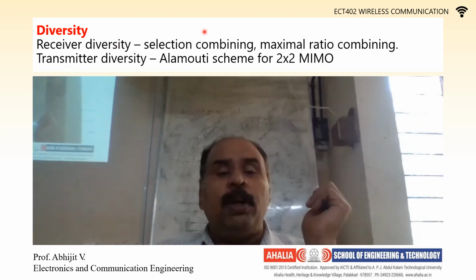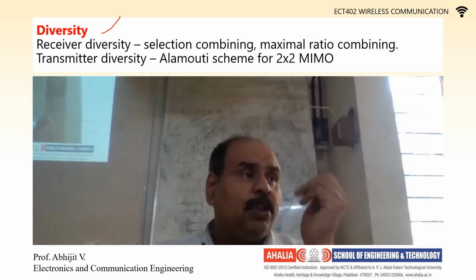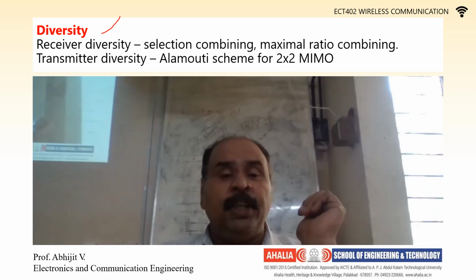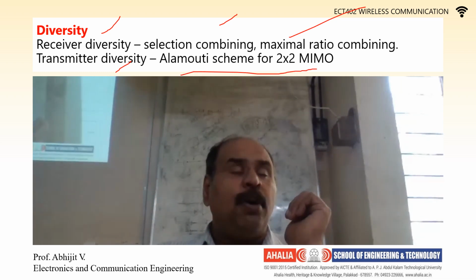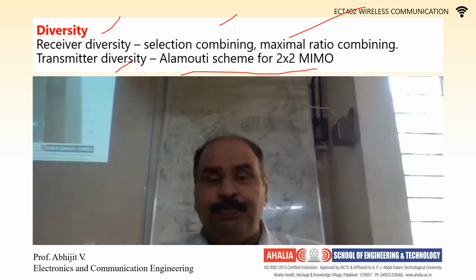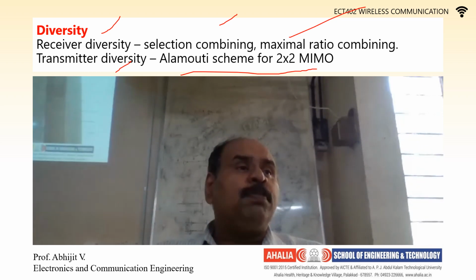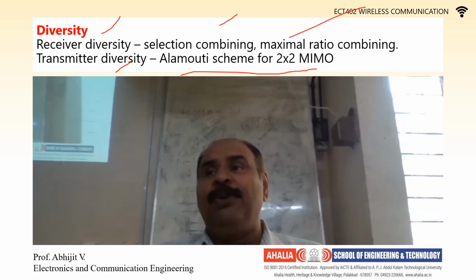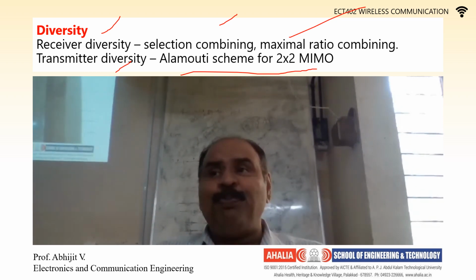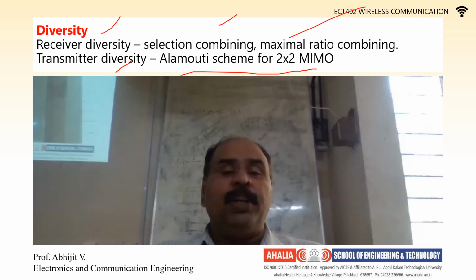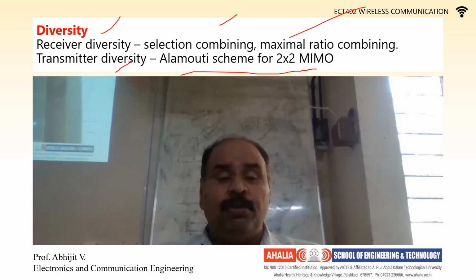You are going to study why we need to have receiver diversity, or what is meant by receiver diversity, selection combining, maximal ratio combining, transmitter diversity, Alamouti scheme for 2x2 MIMO. In this particular lecture, we will be seeing only introduction to receiver diversity. The next class we will be studying what is selection combining, maximal ratio combining, and so on.